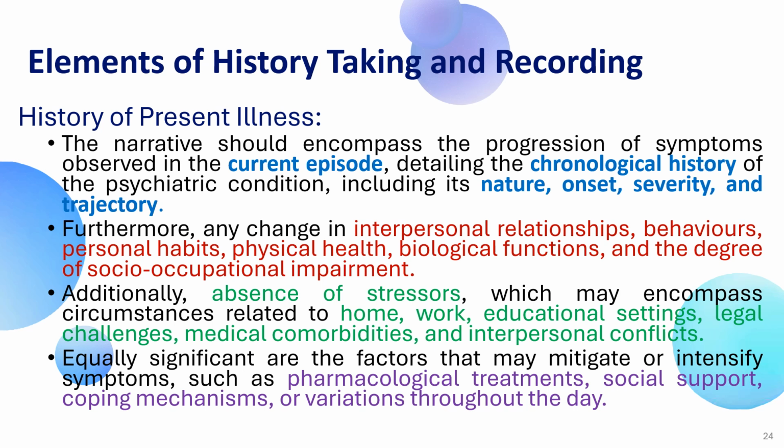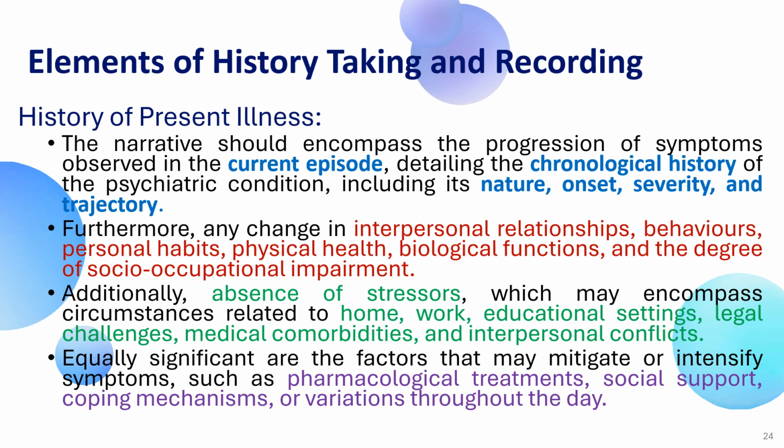Furthermore, any change in the interpersonal relationships between family members, the behavior of others toward the patient, any change in the personal habits of the patient, and any change in the physical health of the patient due to the psychiatric illness should be recorded.